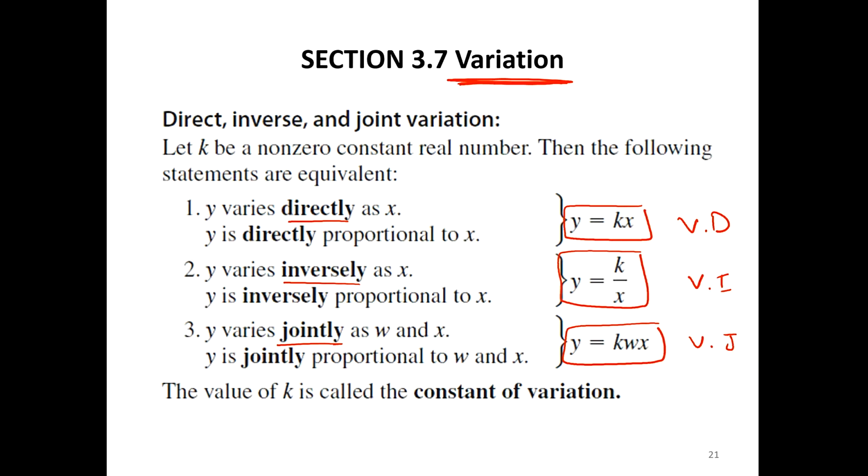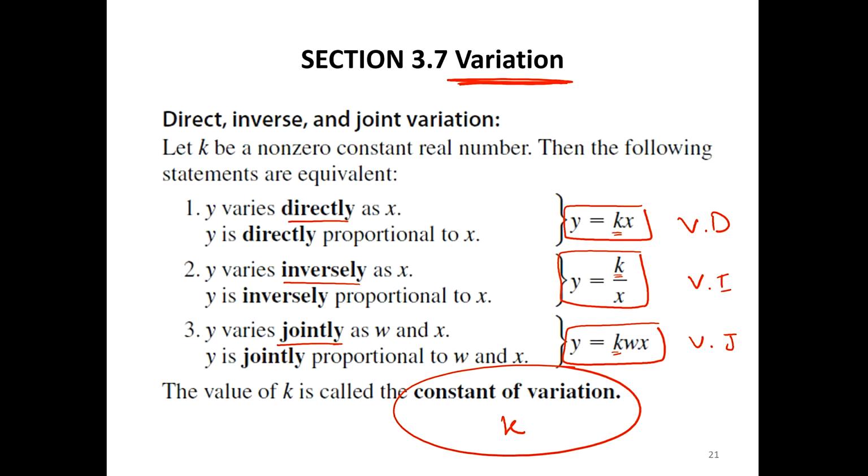What's the meaning of varies directly? It means if we have an increase in X, we have an increase in Y. In all of these cases, this is the constant of variation, called K. This is the key.